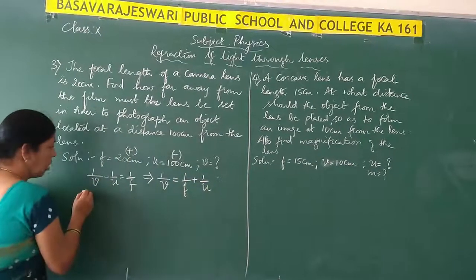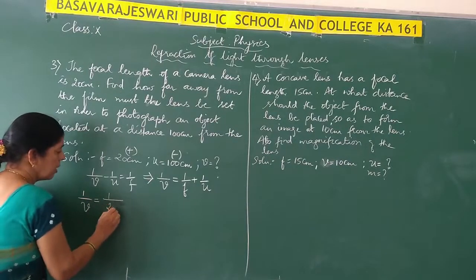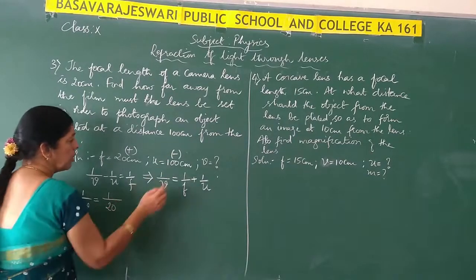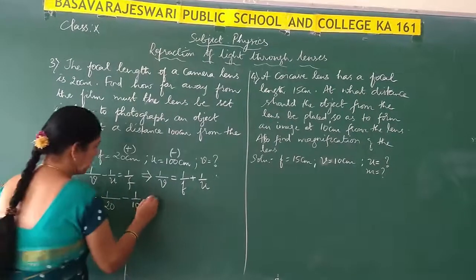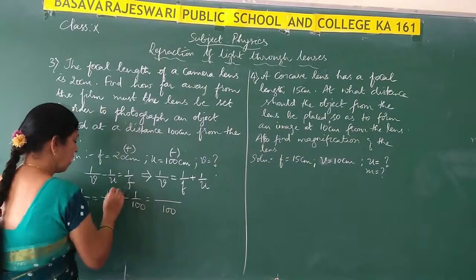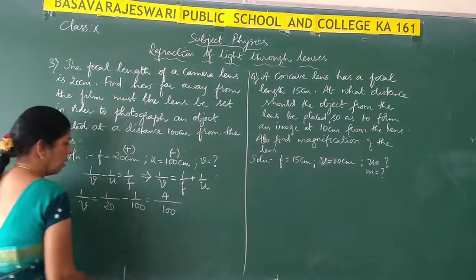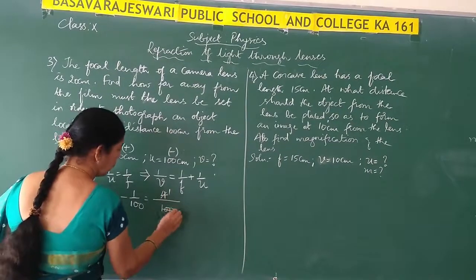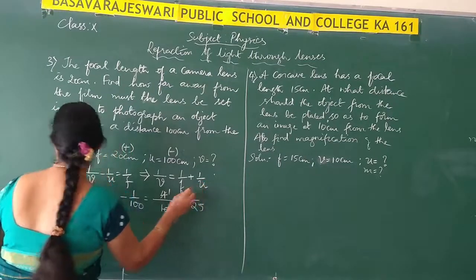So I shall substitute now. 1 by V will be equal to 1 by F, which is 20 cm, and now U is minus 100, so plus 1 by 100. What will you get? It is 1 by 100 times 5 minus 1, which is equal to 4. Is it not? So 4 by 100 is equal to 1 by 25.